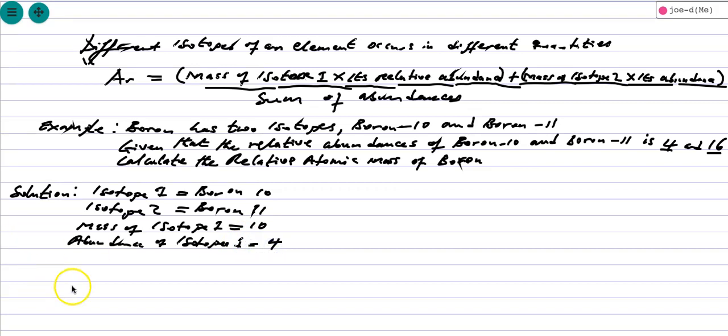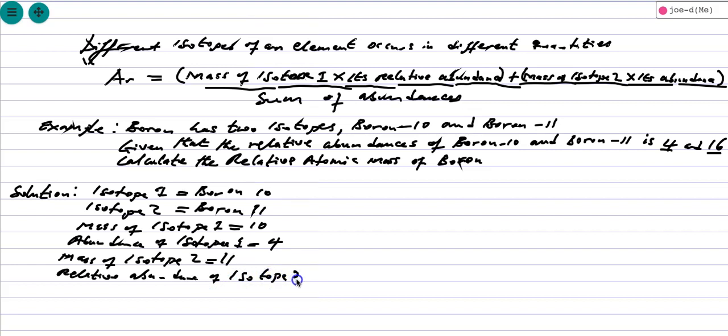So let's apply the same principle. The mass of isotope 2 is 11, and the relative abundance of isotope 2 is 16.